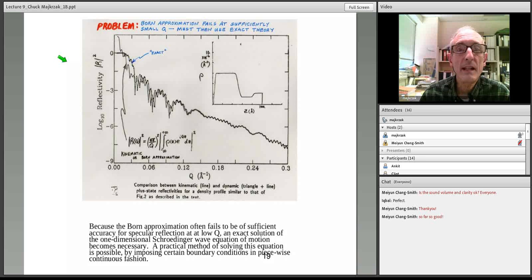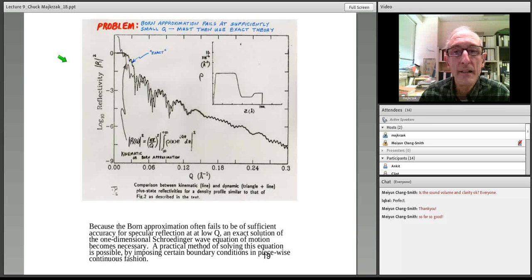And you can see plotted here is the exact solution of that equation, taking into account the strong scattering, these so-called refractive effects, compared to the Born approximation. And you can see that the differences are as large as several orders of magnitude, and it's just hopelessly inaccurate and cannot be used in most situations to describe specular reflectivity.